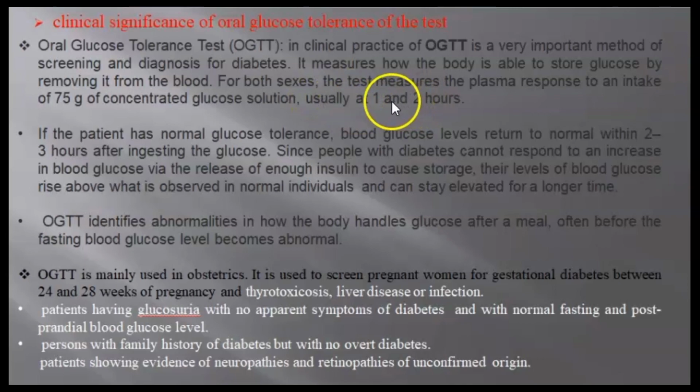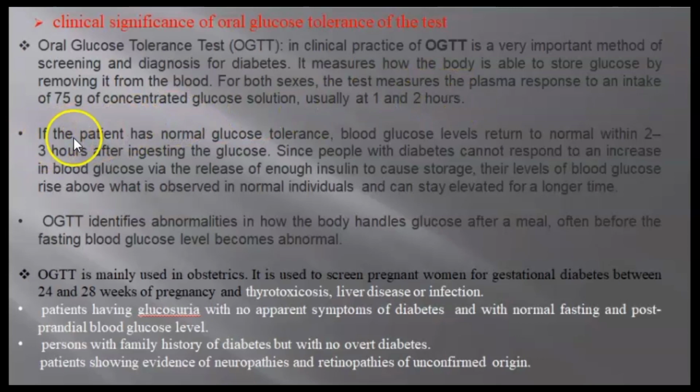If it is able to return to the normal range, it means there is glucose tolerance, so the person is not confirmed diabetic. But inability to return to normal at 1 hour and at 2 hours confirms the impairment of blood glucose tolerance.